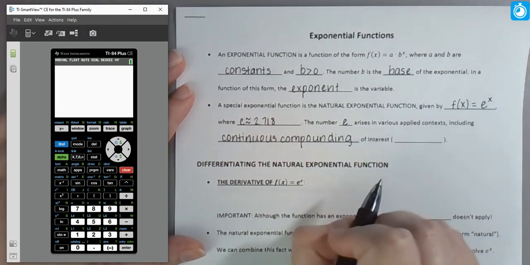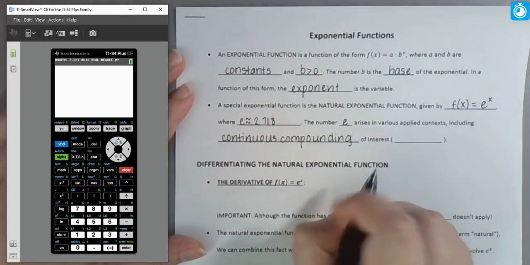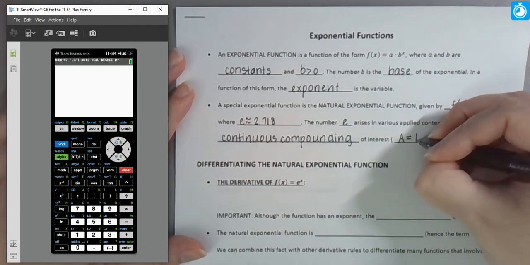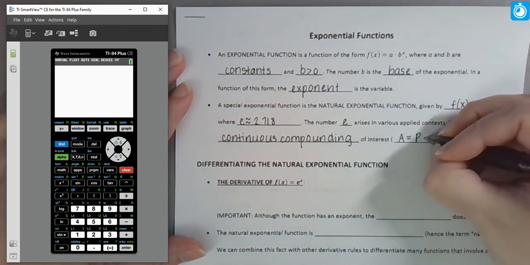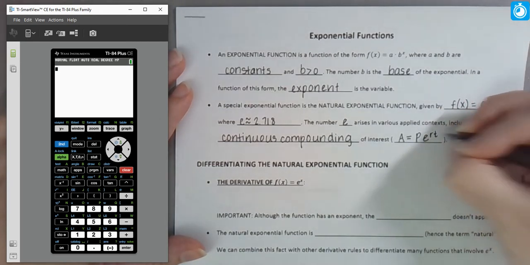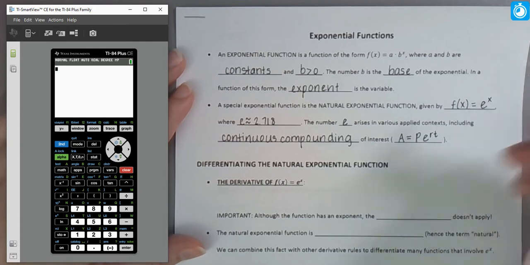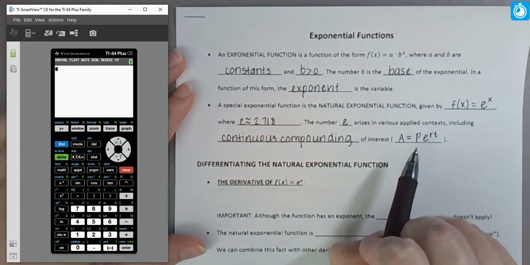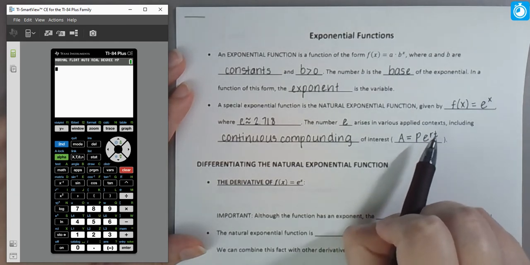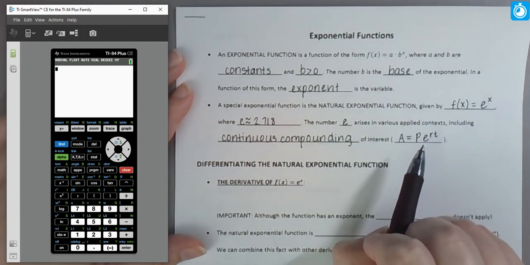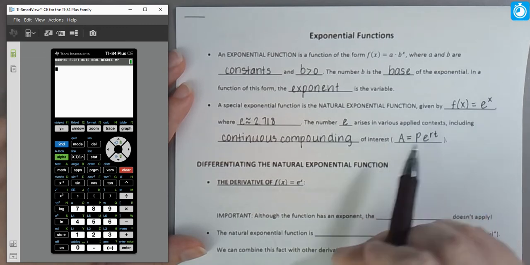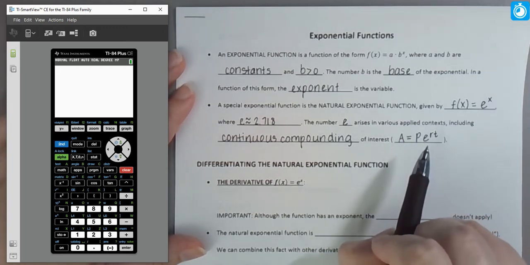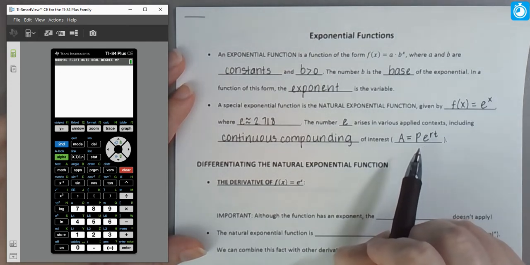The formula to calculate an account balance that is subject to continuous compounding is A is equal to P times e to the rt power. So there's the e. If we think of P as the principal, the starting value of an account, r as our interest rate, and t as the number of years that have elapsed, then approximating this value is going to give us the value of the account. Now keep in mind, anytime we use e, again, e is an irrational number.